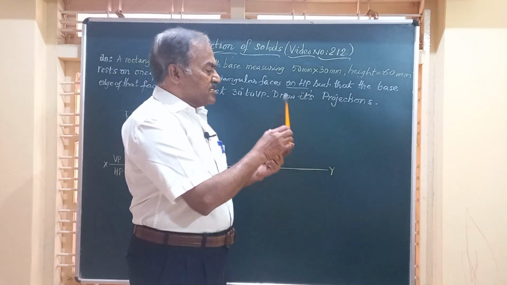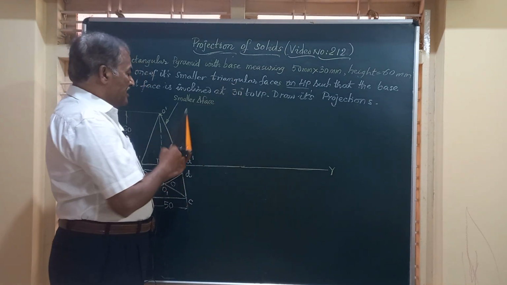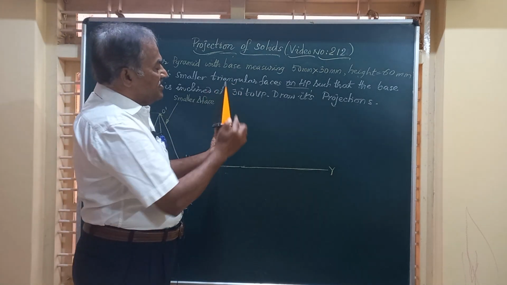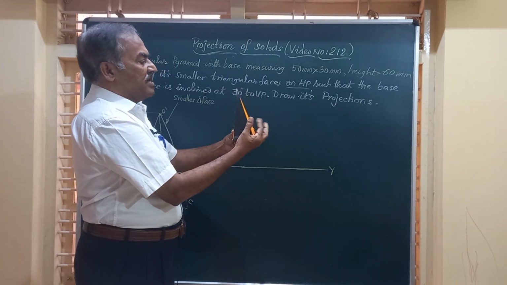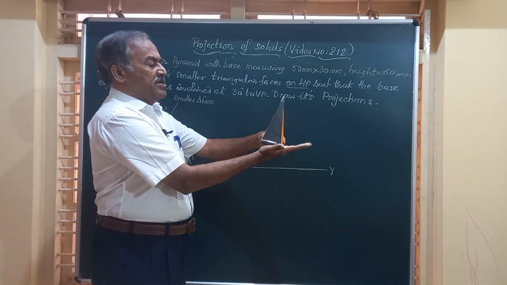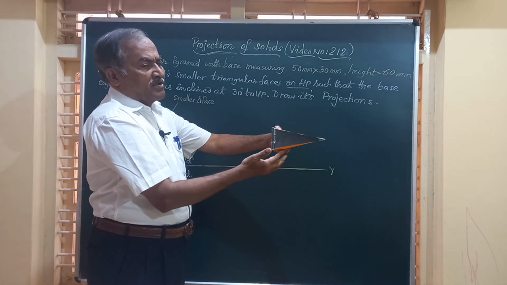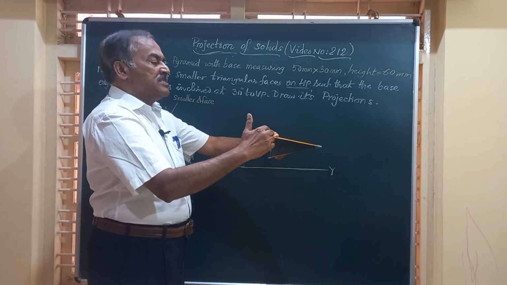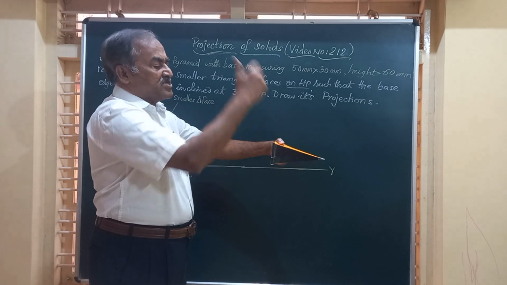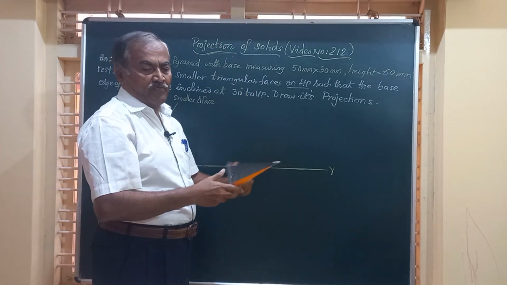We have got the front view like this, a triangle, and here it has to rest on the smaller triangular face. So friends, it was like this. I am going to rotate it like this so that it will rest on the smaller triangular face on HP, and the other triangular face and the base of the solid are completely visible in the top view.